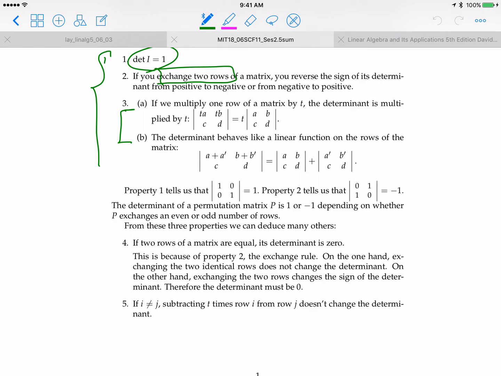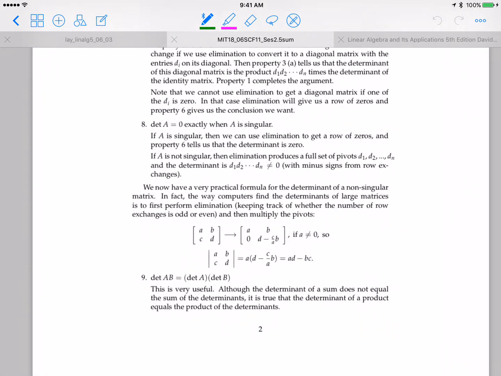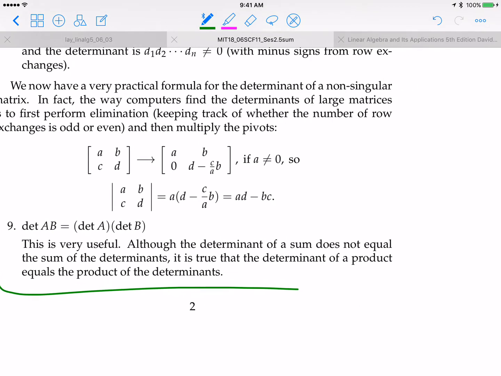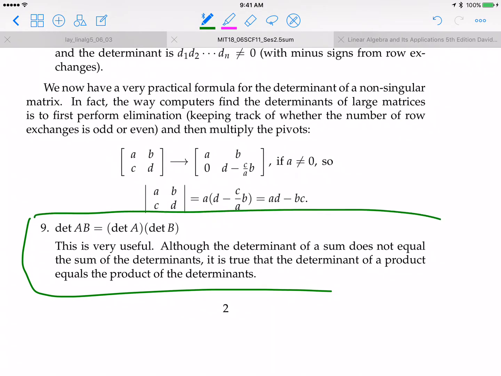What was not proved at all is, who said 9? Good. This guy. So the professor at MIT didn't even mention how to prove it, or even say that we are not going to prove this, right?